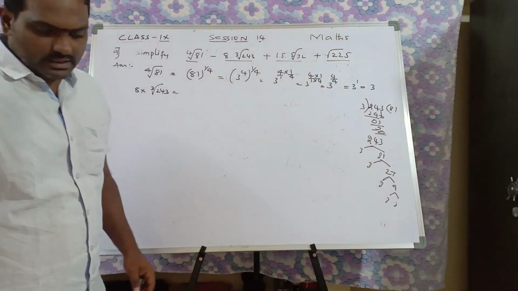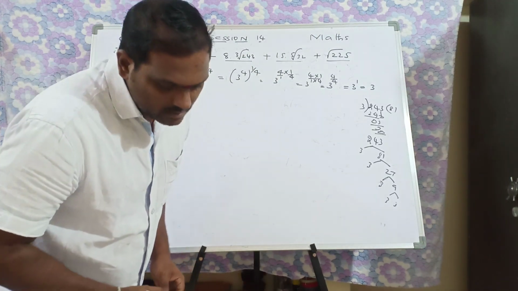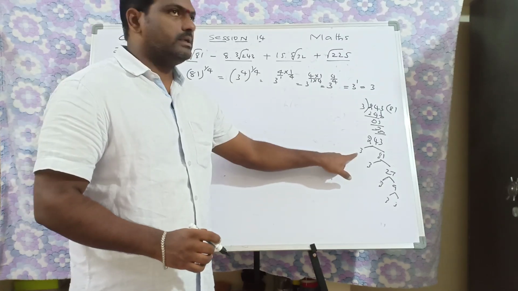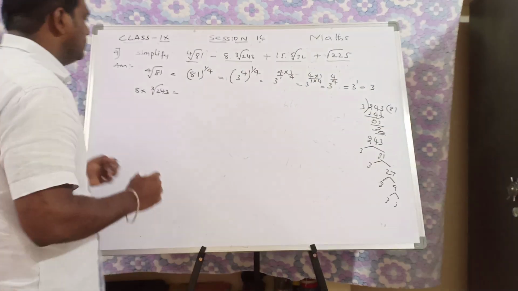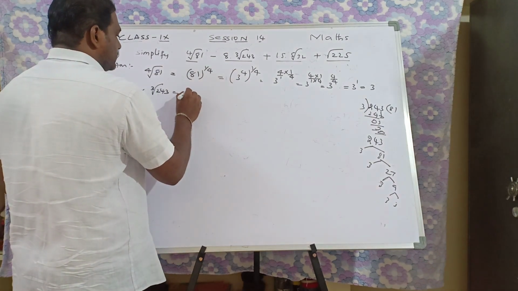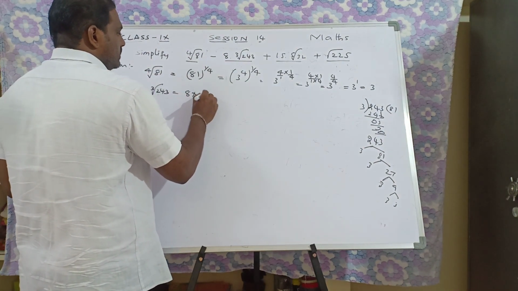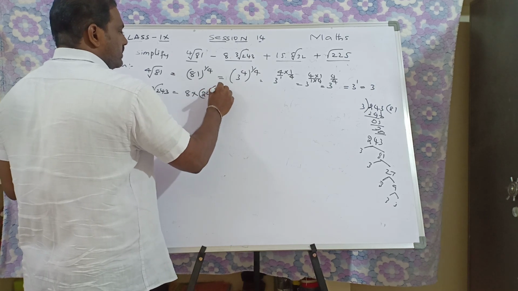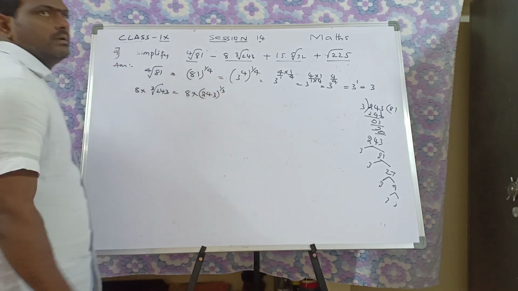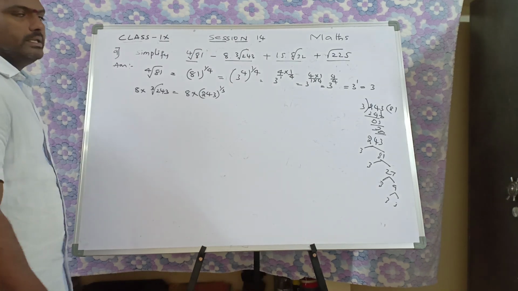That means how much is it? 3 1s, 1, 2, 3, 4, 5. So first I should write 8 into 243 whole power 1 by 3.